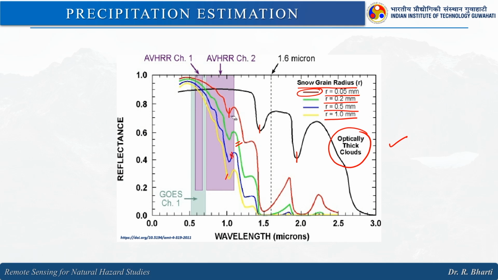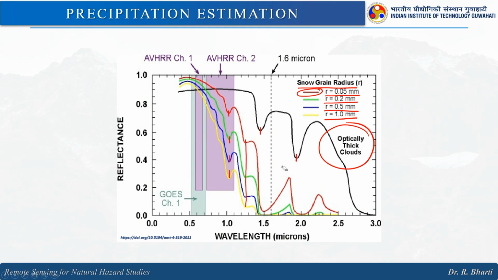So, here one thing you can easily observe is that if we have a change in the grain size, the intensity is increasing, but the pattern remains the same. And when we are talking about the optically thick clouds, it is different from these, right.